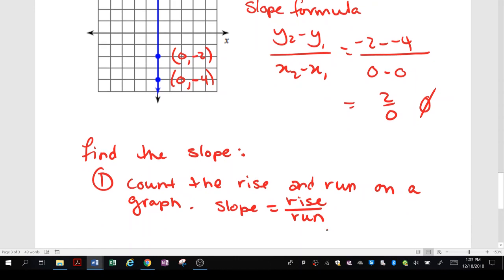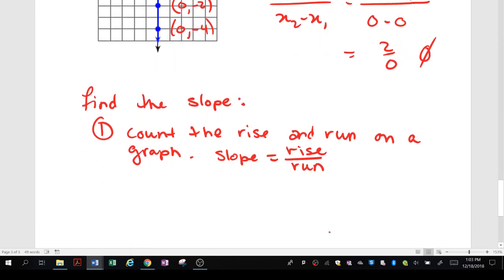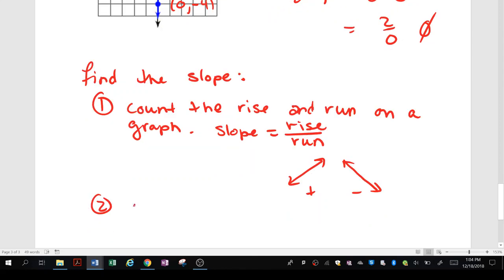And if you're doing this, don't forget the direction. It will be a positive slope if it's going upwards, and a negative slope if it's going downwards.